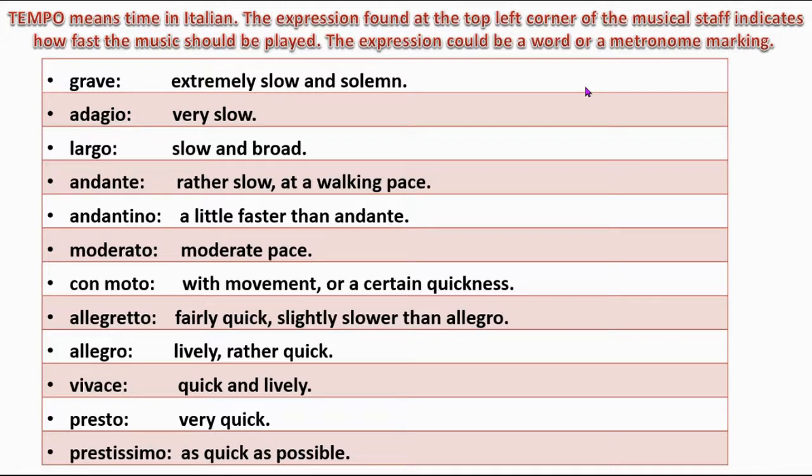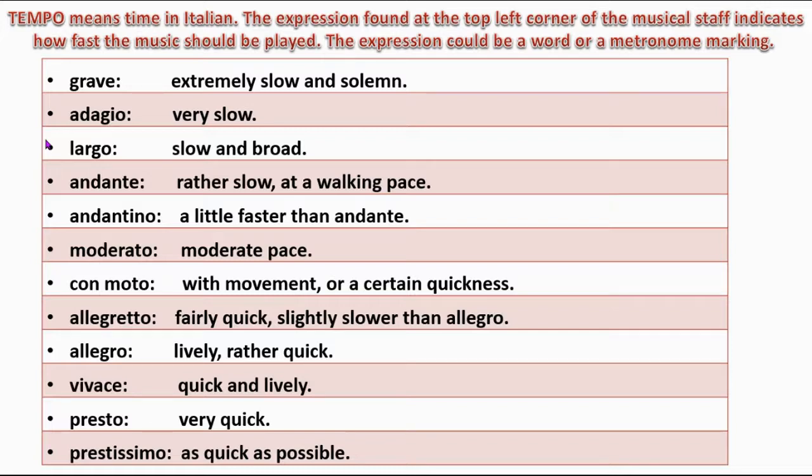The expression found at the top left corner of the musical staff indicates how fast the music should be played. The expression could be a word or a metronome marking. Sometimes you just see a number. If you remember the Titanic song, it was only a number.